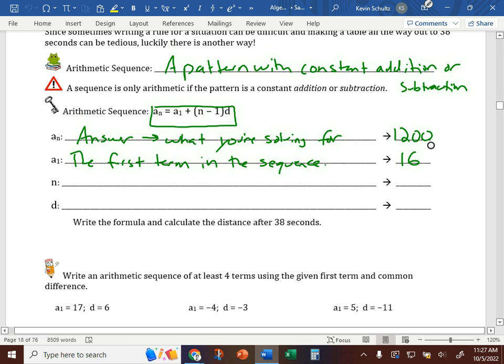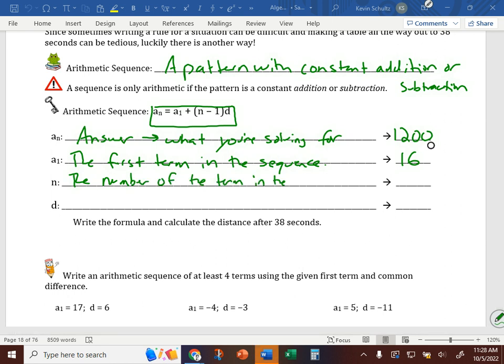The n variable is the number of the term in the sequence you want to find. The number of the term in the sequence that you want to find.